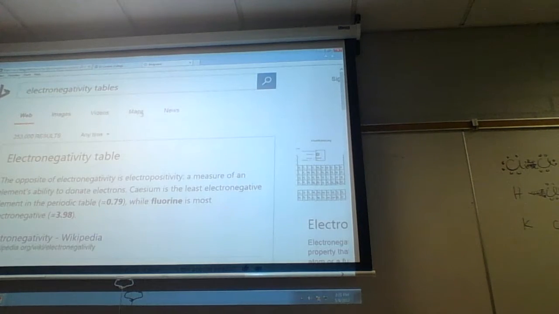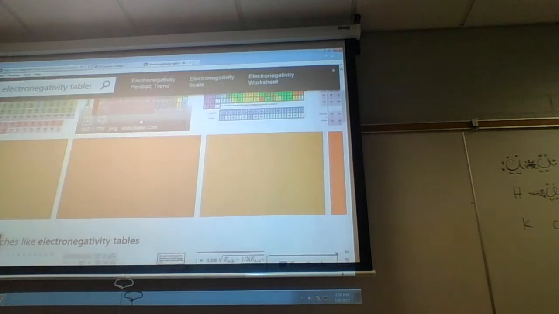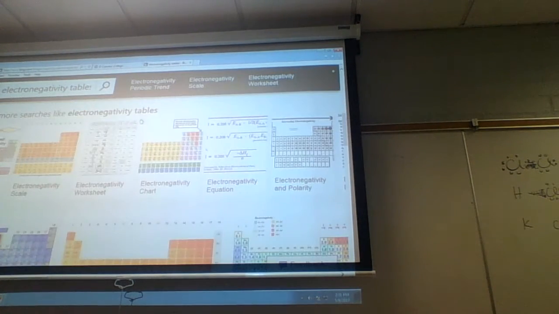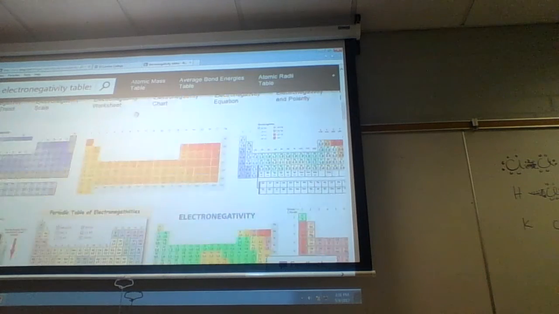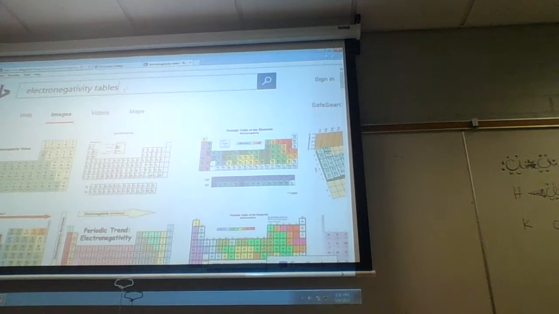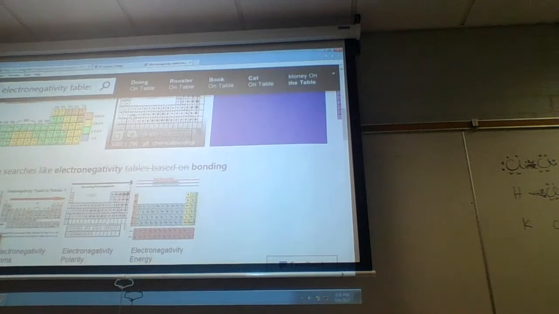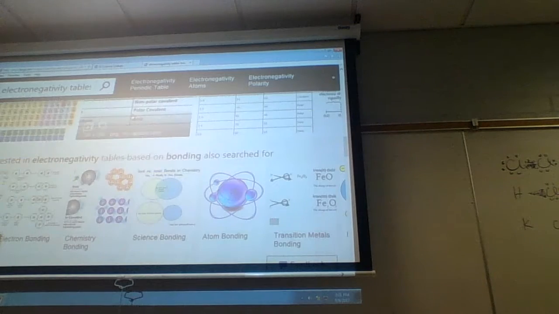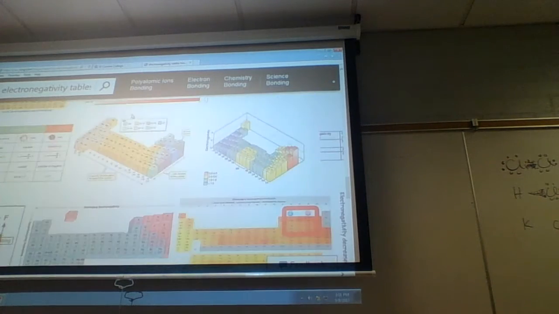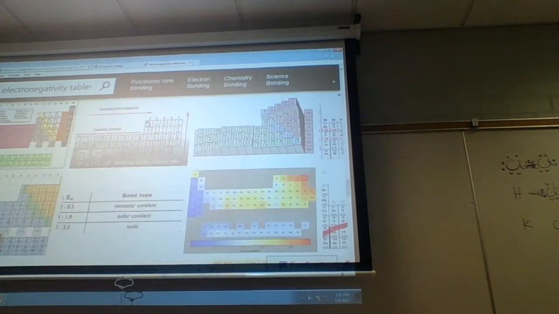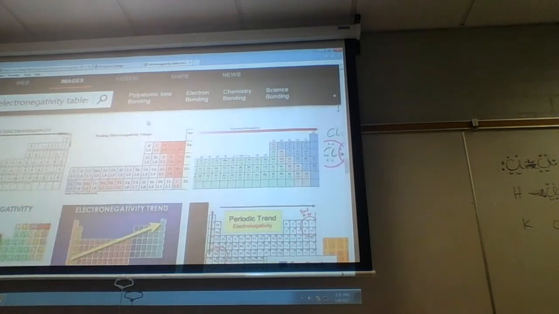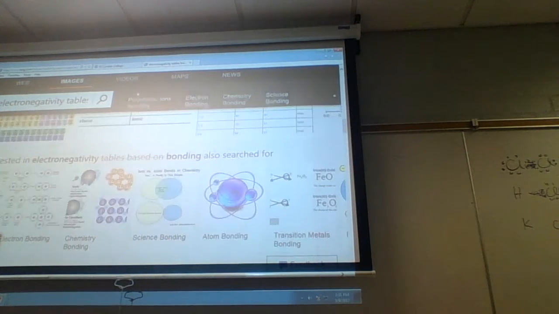Let's see if we can get some other electronegativity tables. Well, this doesn't come up. There are other electronegativity tables.